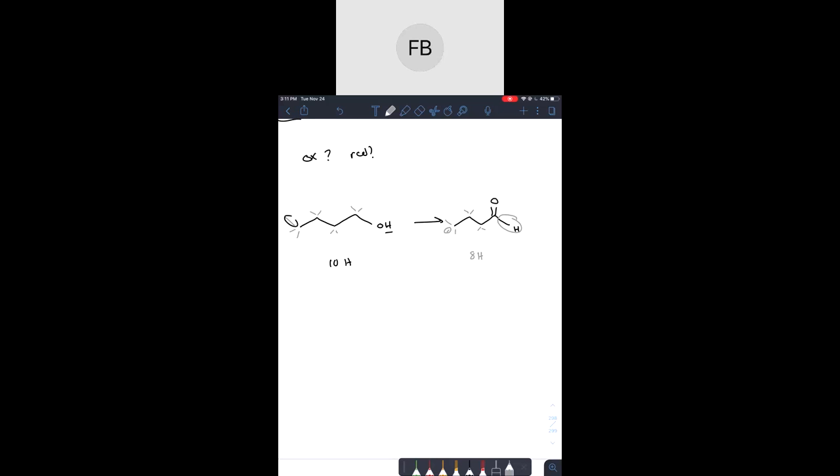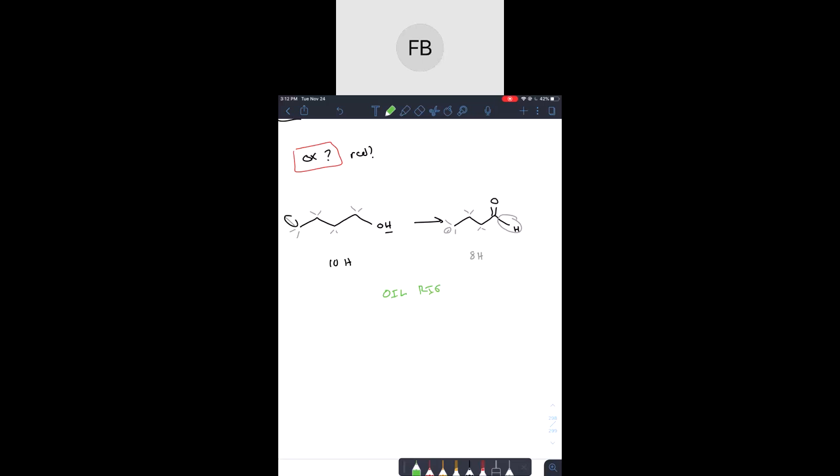So what is this, oxidation or reduction? Oxidation, because the number of hydrogens has gone down. Yes. You guys might remember this OIL RIG from before. This was something we used in Gen Chem, but I just use it for Orgo and it works.